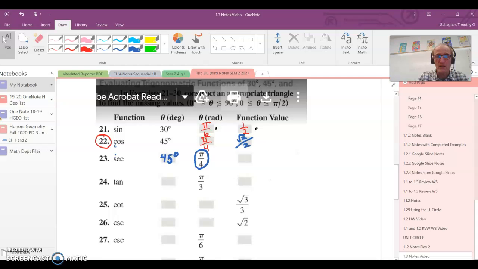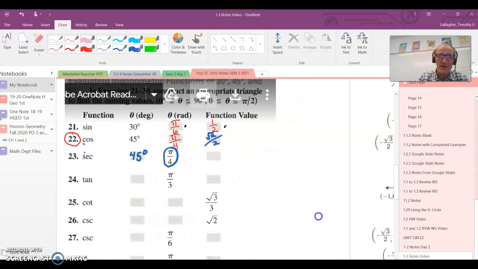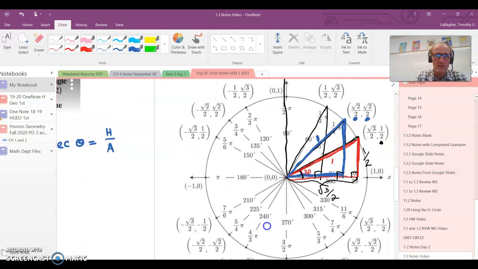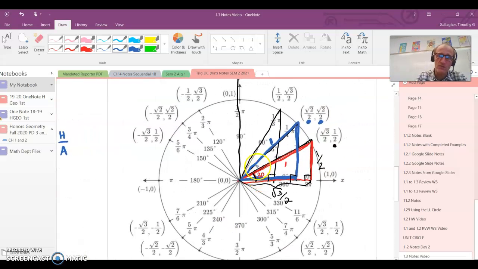But we can also get it from the triangle, because the secant of the angle is the reciprocal of the cosine, which is hypotenuse over adjacent, because the cosine is adjacent over hypotenuse. So let's take a look at the hypotenuse over adjacent for this pi over 4 angle right there.